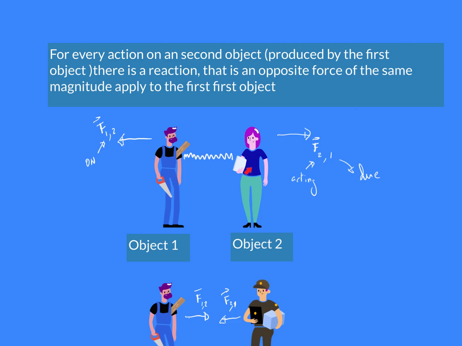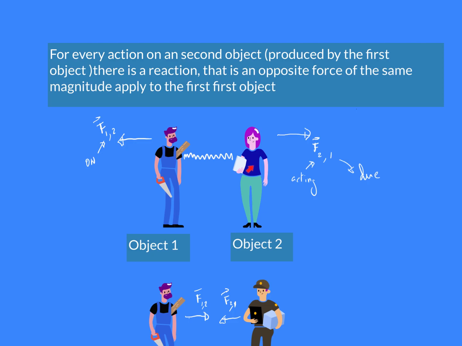For example, imagine the girl and the boy. Imagine they have a force of interaction that is a repulsive interaction. So the force acting on object 2 due to 1 is going to the right.